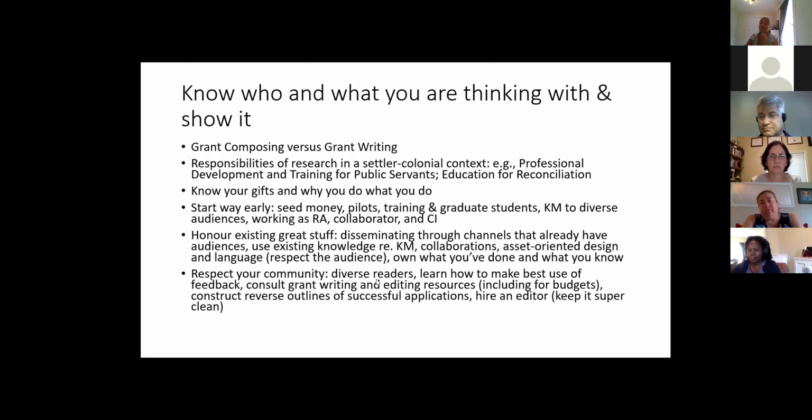The other thing that I would highly, highly recommend, because we've got so much to read when we're on the adjudication committee, is that it is very hard to edit your own writing. You fill in the gaps all the time for yourself. If you can, hire an editor. You want that application to be squeaky clean. You do not want a typo ruining the many, many hours that you have put into something.